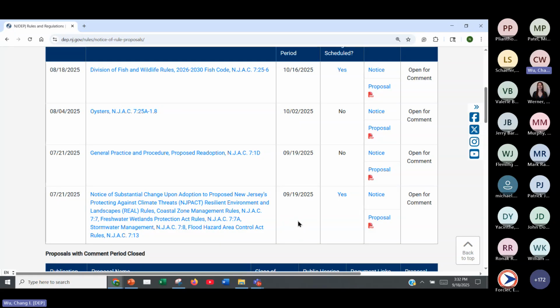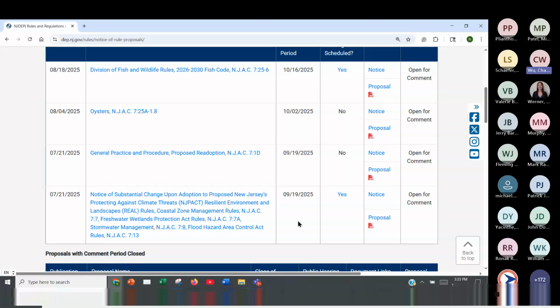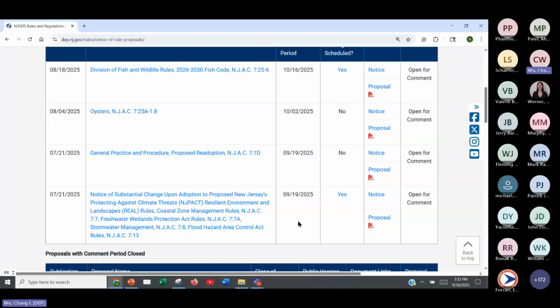Basically, the NJPACT rule proposal regarding the stormwater management rule would enhance the water quality requirement for redevelopment projects.